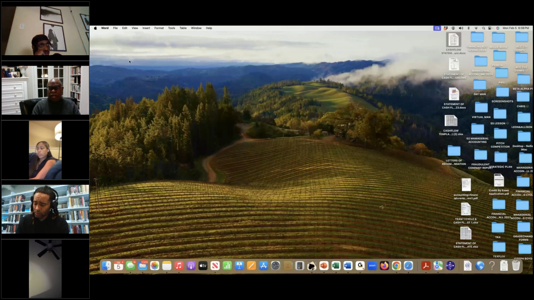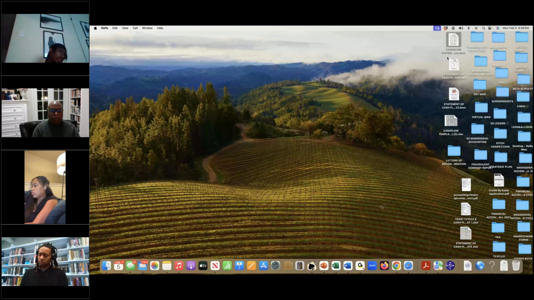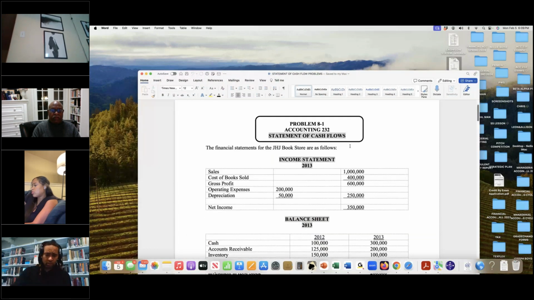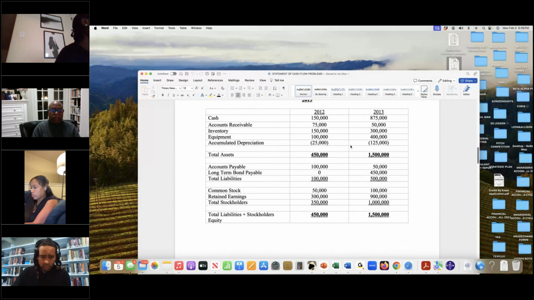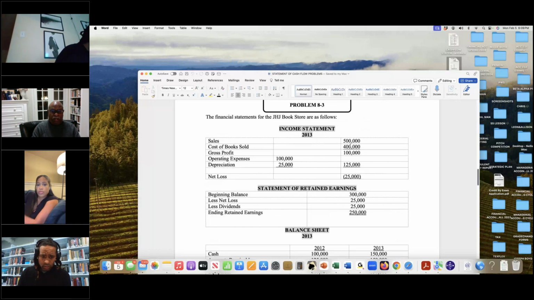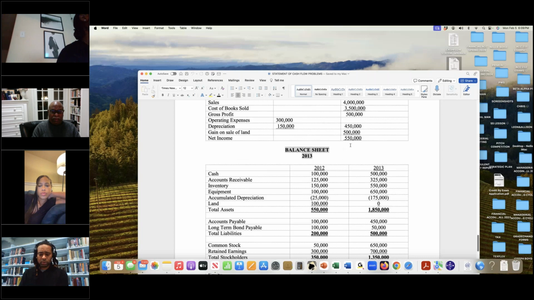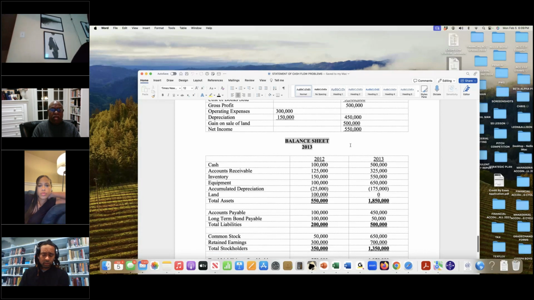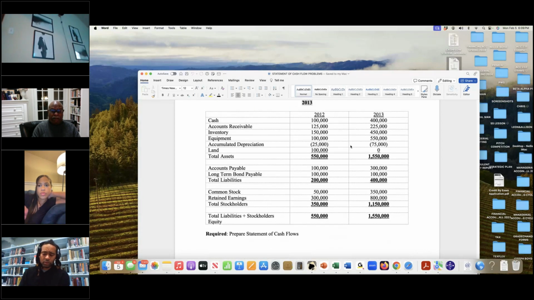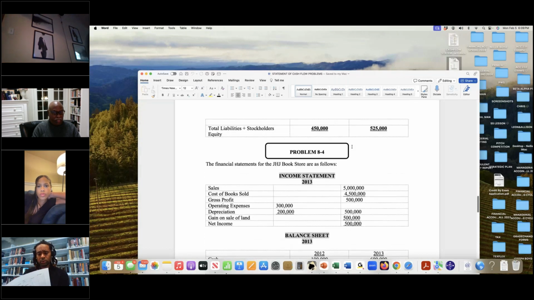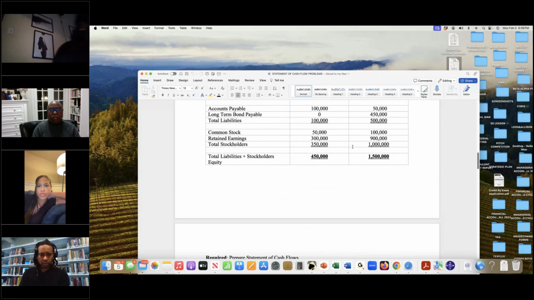The next thing we have are the cash flow problems. There are 1, 2, 3, 4, 5, 6 cash flow problems. Everybody on a team gets one of these problems to work.